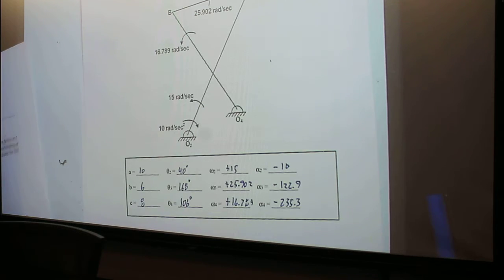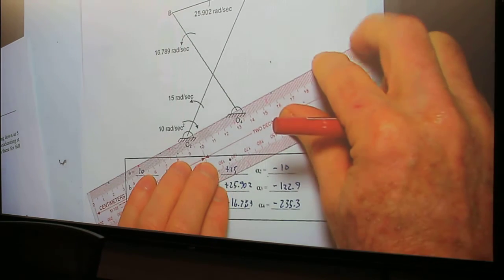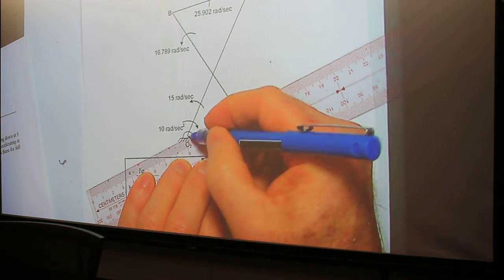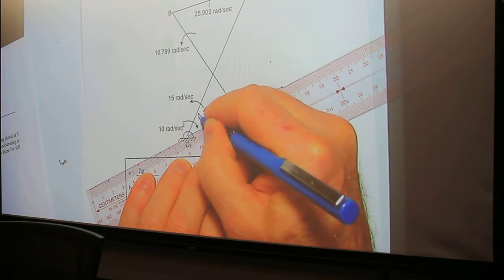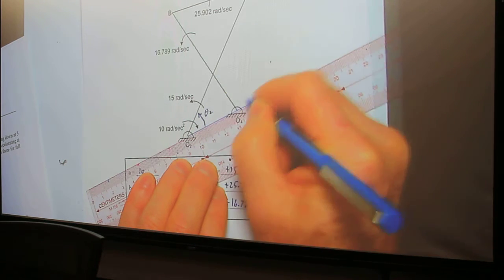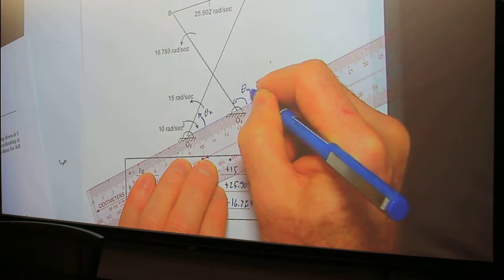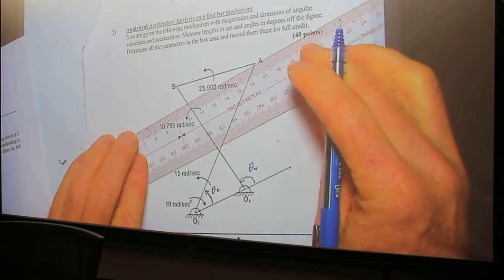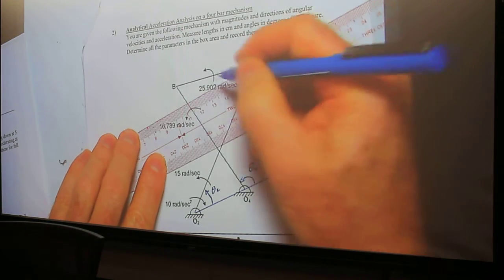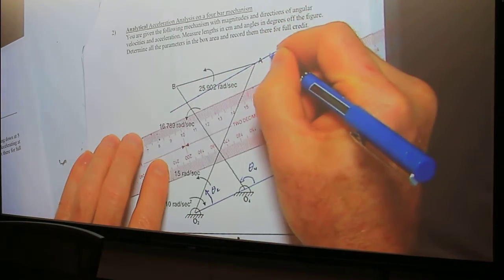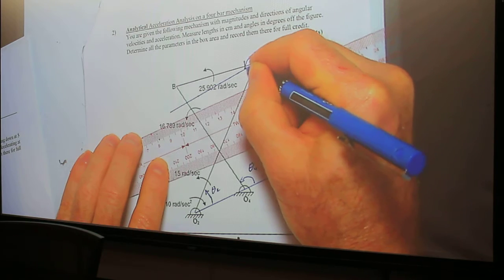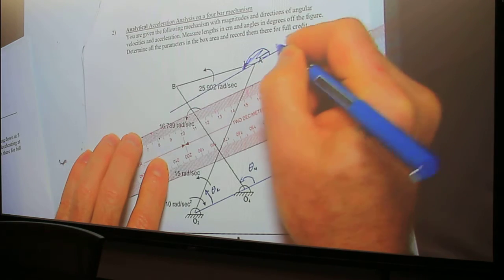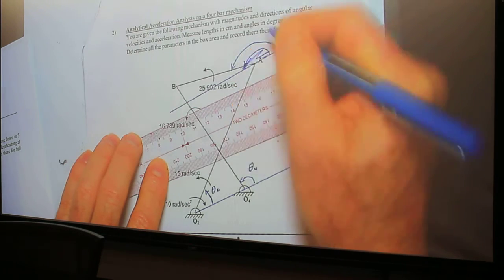Okay, so on theta 3, what you do is this right here. This is theta 2. This is theta 4. And then if you move this, and I'll just approximate it, you move this up to here, parallel line, up to A. This here is theta 3.